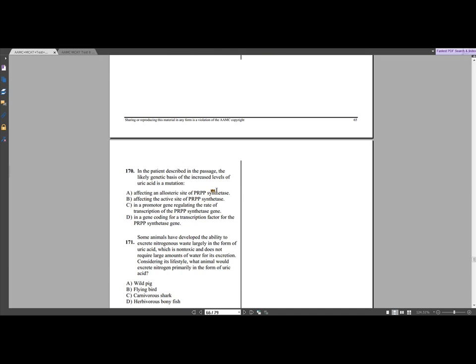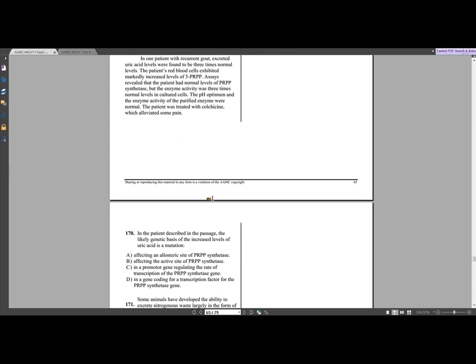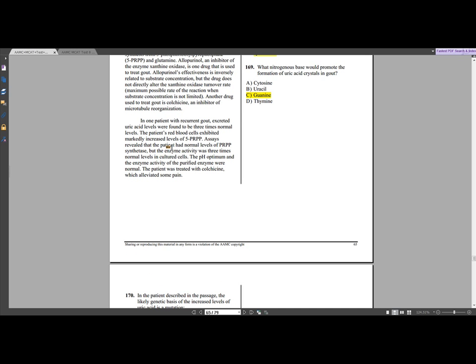I know PRPP synthase, but I don't know if it's active. No, normal levels of PRPP synthase, but the enzyme activity was 3 times normal levels.